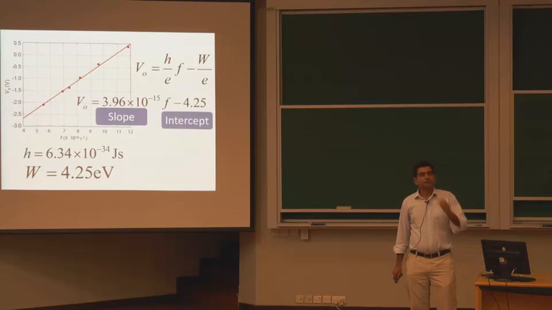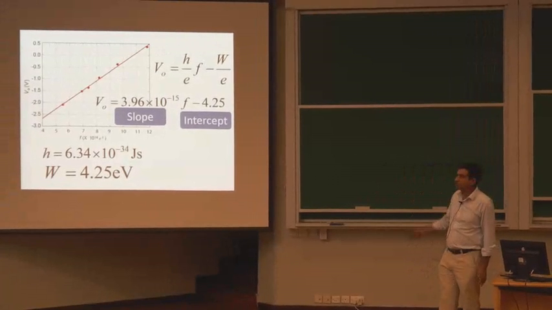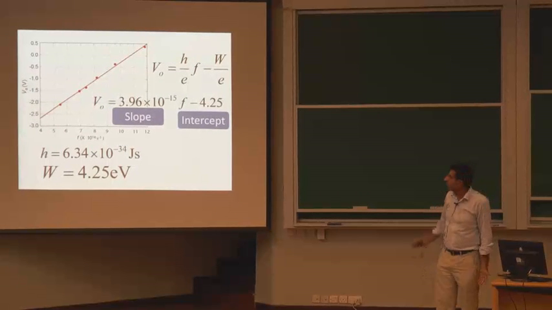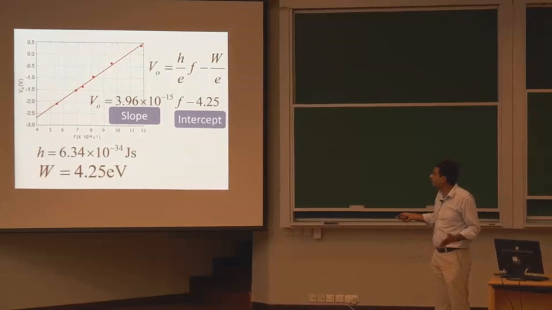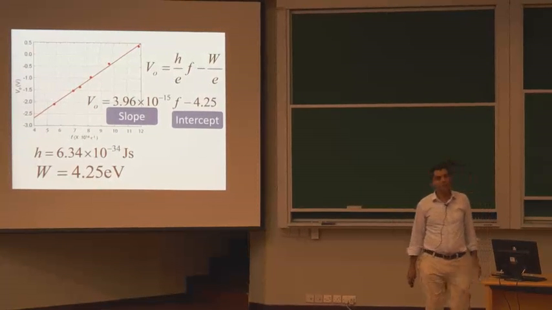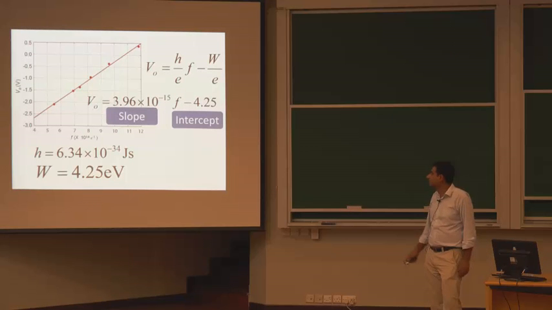So there were two scientists who fit data from a black body to find out the value of Planck's constant. This was the second experimental determination of the Planck's constant, and it's pretty close to our currently accepted value. And the work function is about 4.25 electron volt, which seems like a good value for group 1 elements such as sodium.